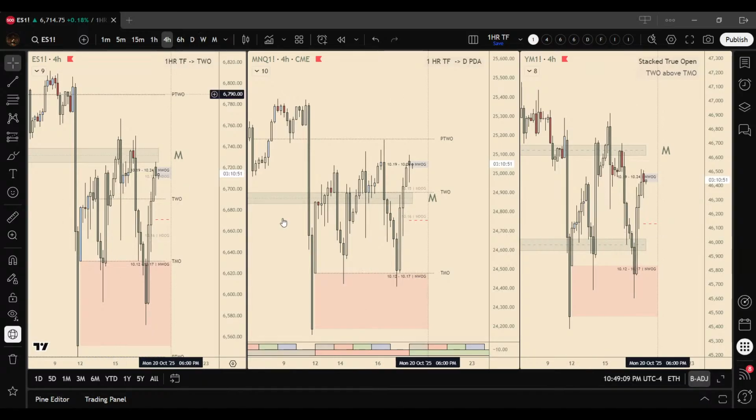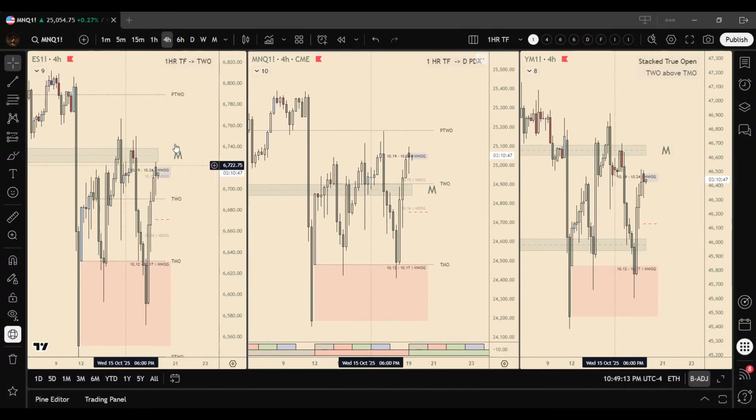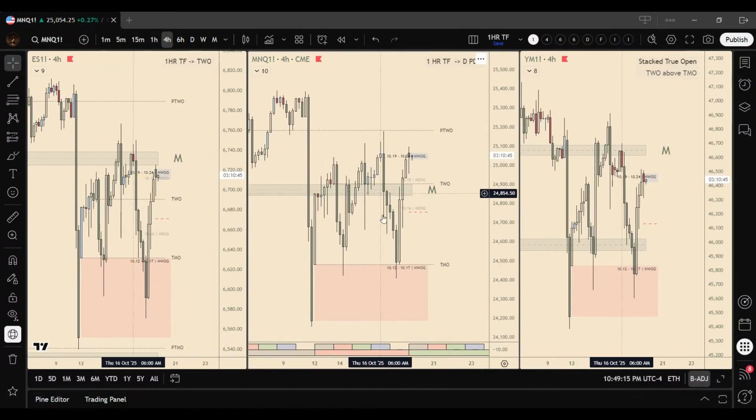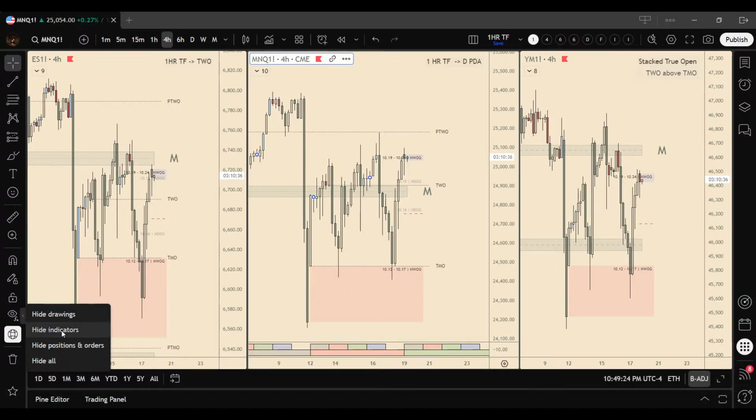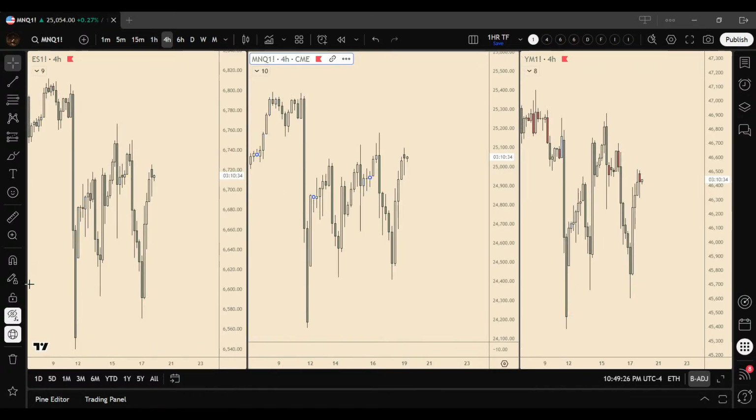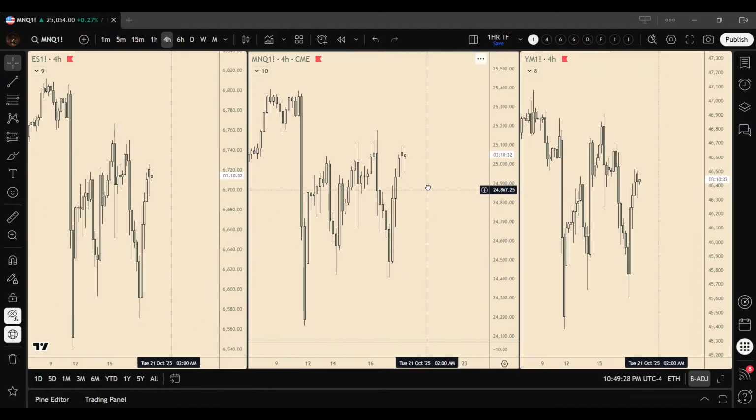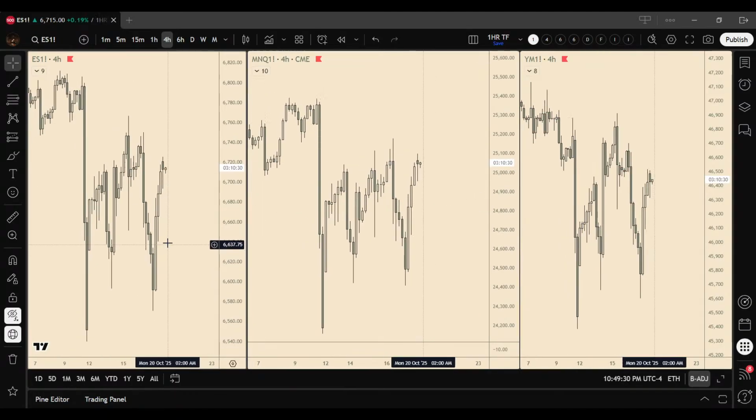This is the setup I've got here using some indicators. But let's pretend for now, let's just hide all the indicators.